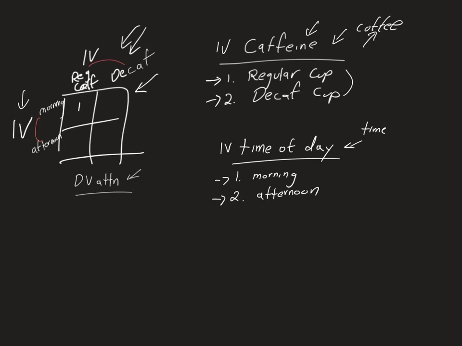So they could have regular coffee in the morning, they could have decaf coffee in the morning, or they could have regular coffee in the afternoon, they could have decaf coffee in the afternoon, right? There are 4 potential conditions, experiences that the participant can have in this study, shown here, and there are 2 levels shown here for the caffeine variable and 2 for the time of day.